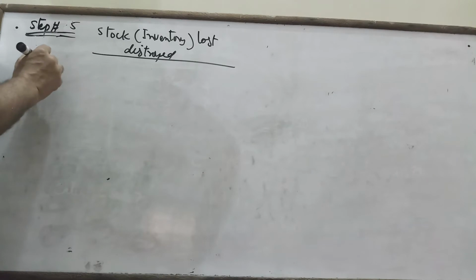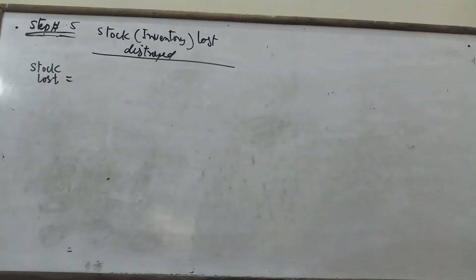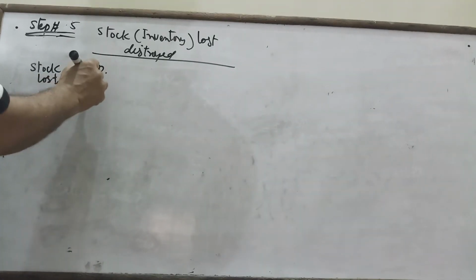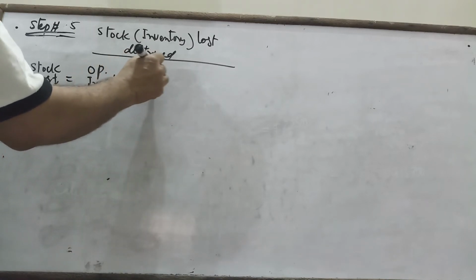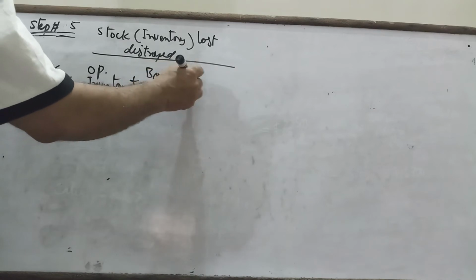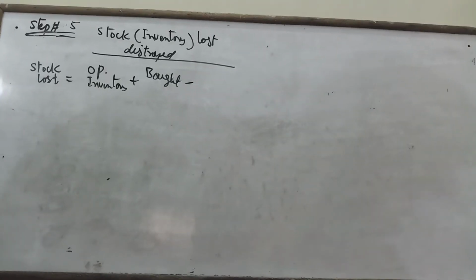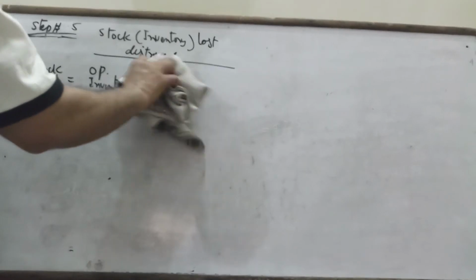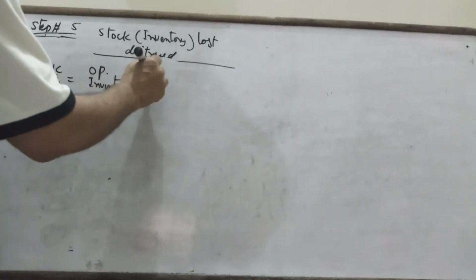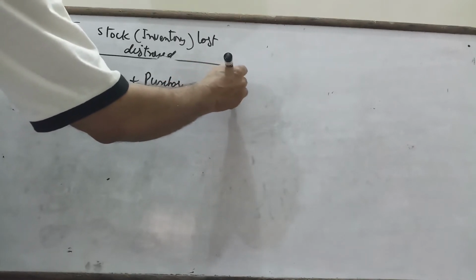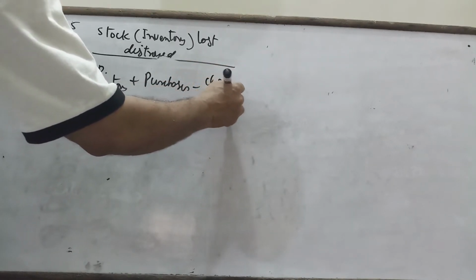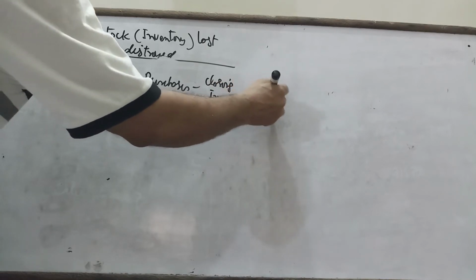You had better calculate stock loss by this formula: opening inventory plus bought, or you can also write purchases, minus closing inventory, minus COGS.